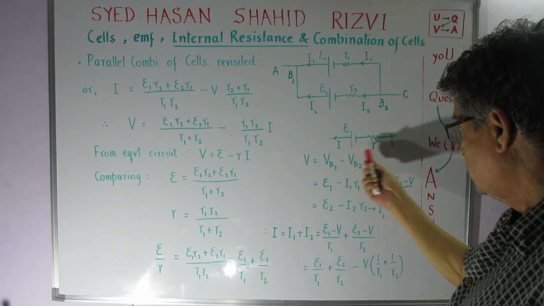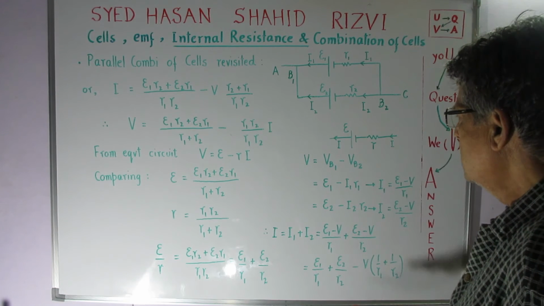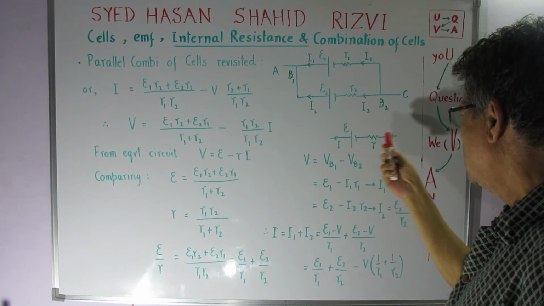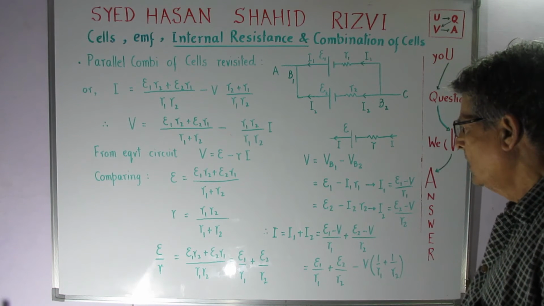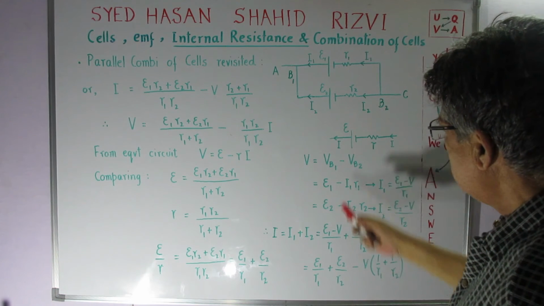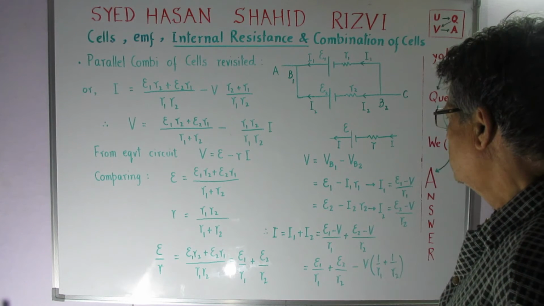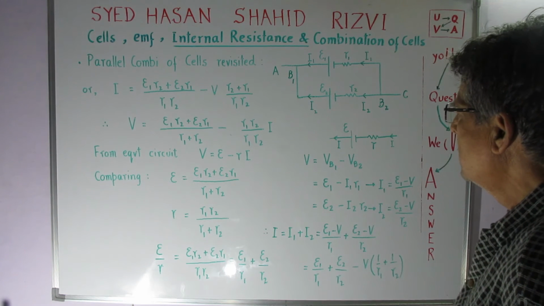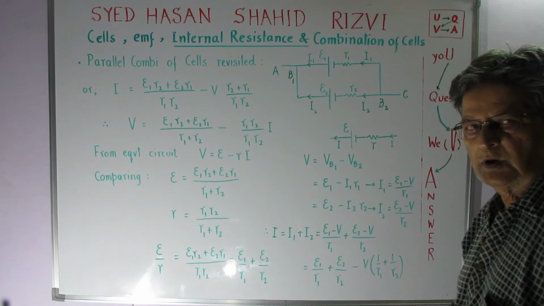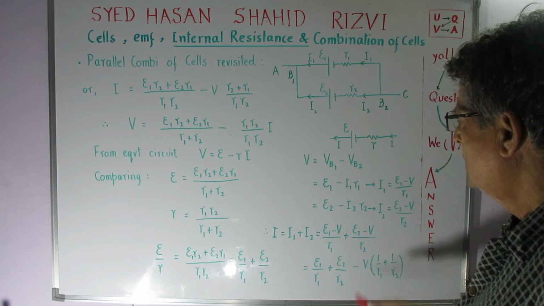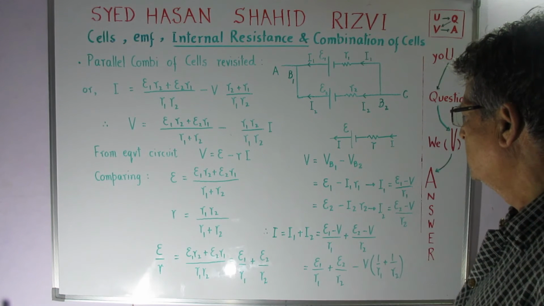This is the equivalent, where I have E and R, and the current is equal to I exiting and also entering. Now, the terminal voltage I can write as V is equal to VB1 minus VB2.